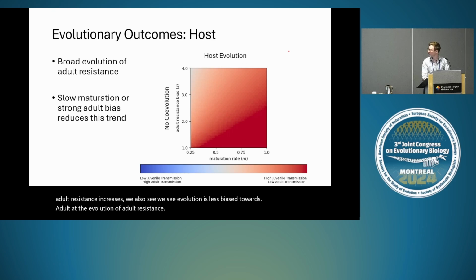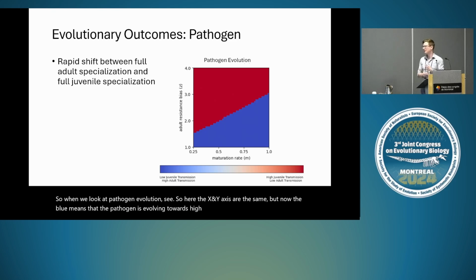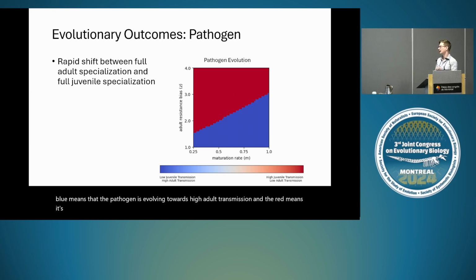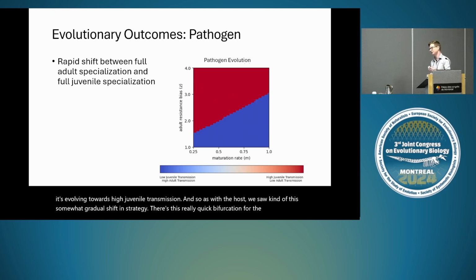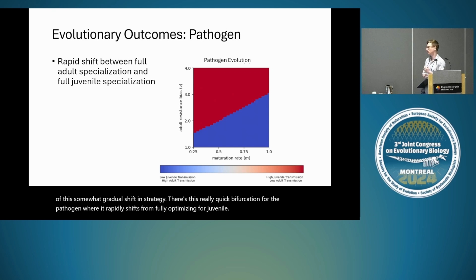So when we look at pathogen evolution, here the x and y axes are the same, but now the blue means that the pathogen is evolving towards high adult transmission, and the red means it's evolving towards high juvenile transmission. And as with the host, where we saw a somewhat gradual shift in strategy, there's a really quick bifurcation for the pathogen where it rapidly shifts from fully optimizing for juvenile infectivity to fully optimizing for adult infectivity.